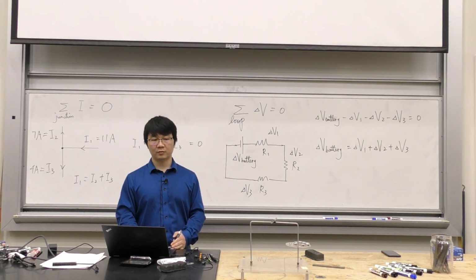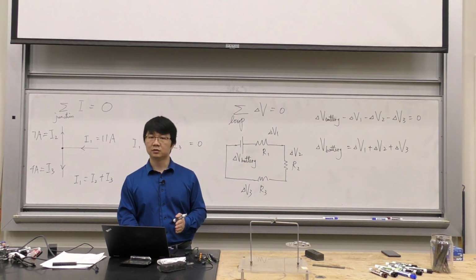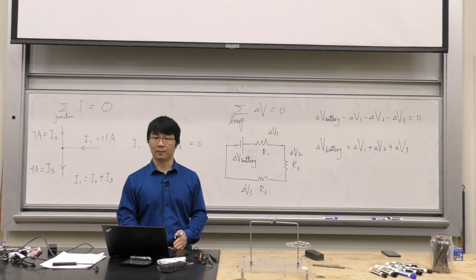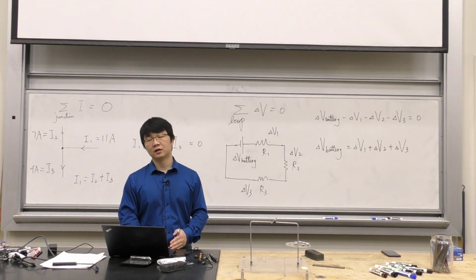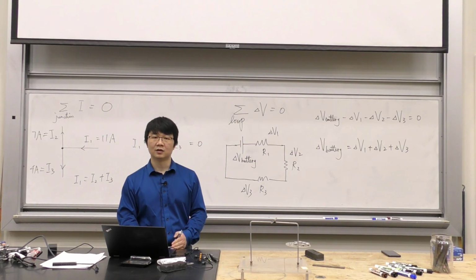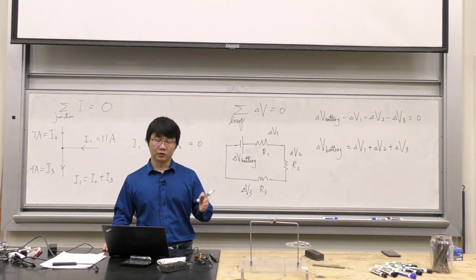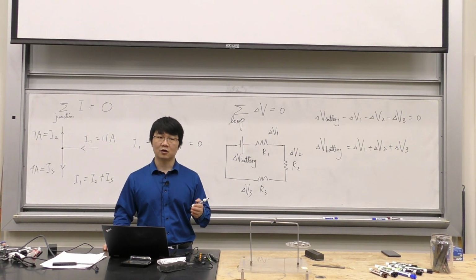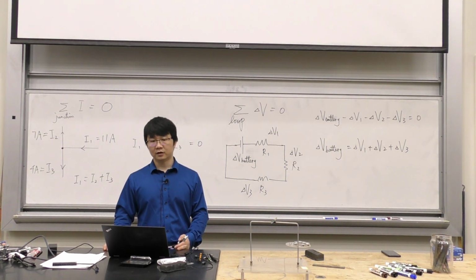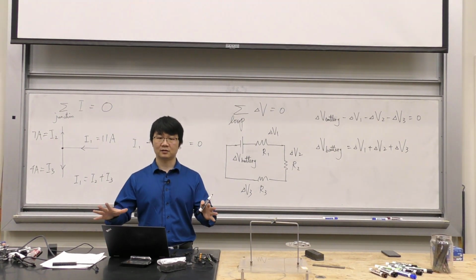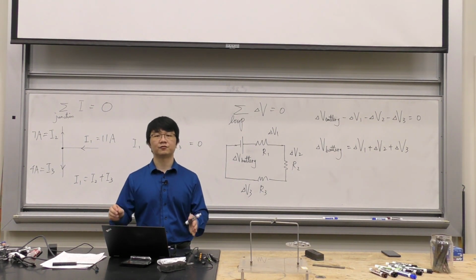If you cross an element and the potential goes up, you put a positive sign there. If you cross an element and the potential goes down, you put a negative sign there. That's how you figure out the sign for each voltage. All right, so that's the rule. But let's see how we can apply that to different elements in a circuit.